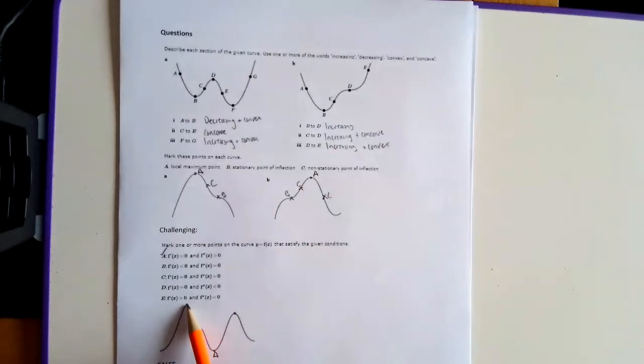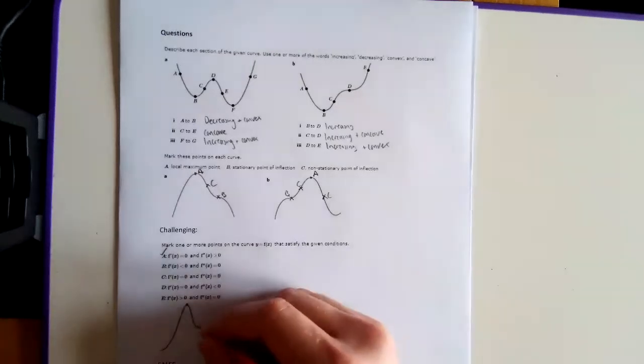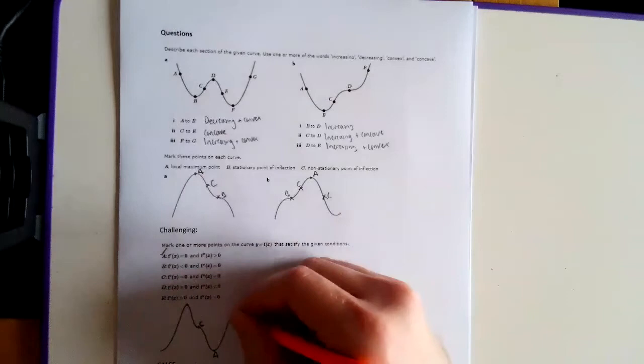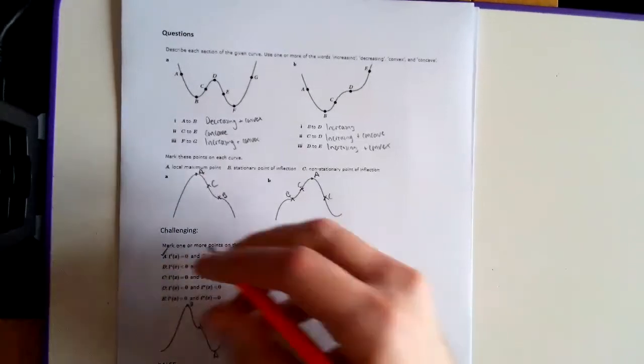So that's when it changes. So there. And D, so I want it to be stationary, and f dash dash x is less than 0, so that means it's concave. So it could be here or here, so D and D.